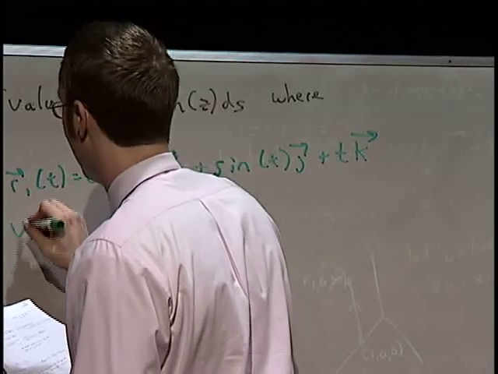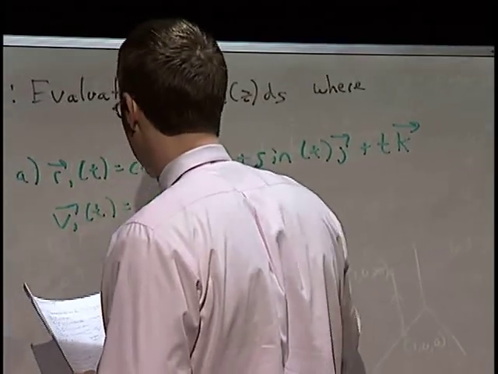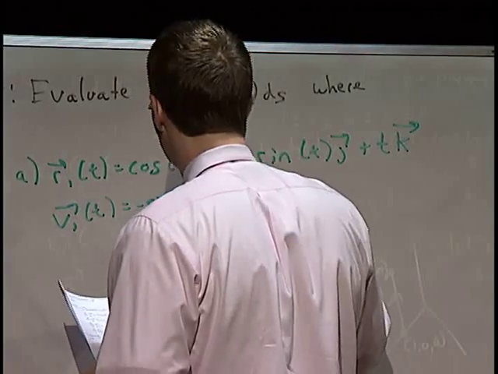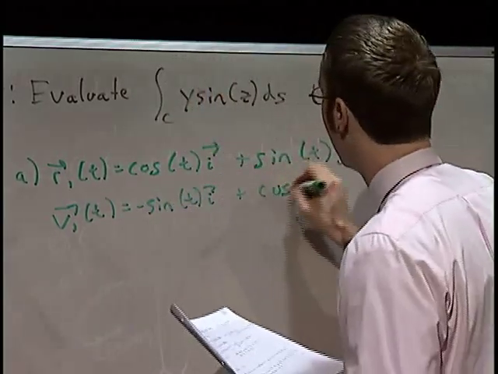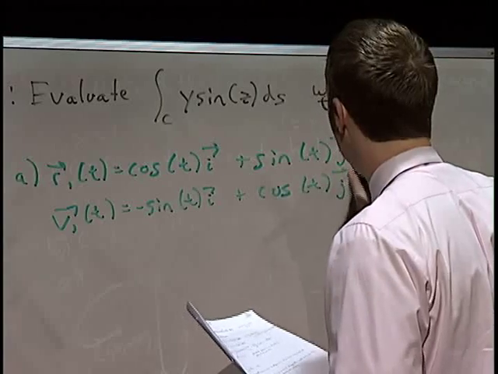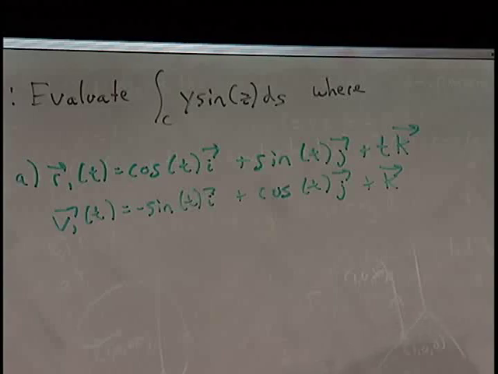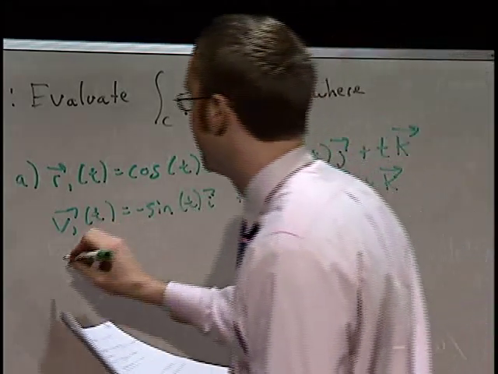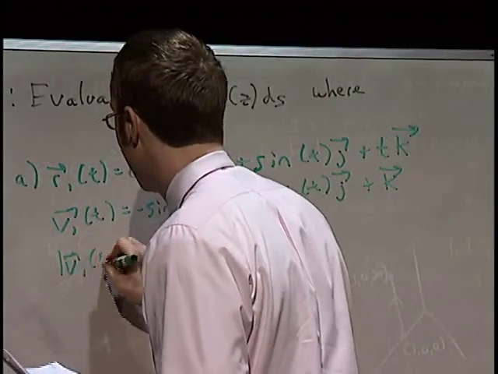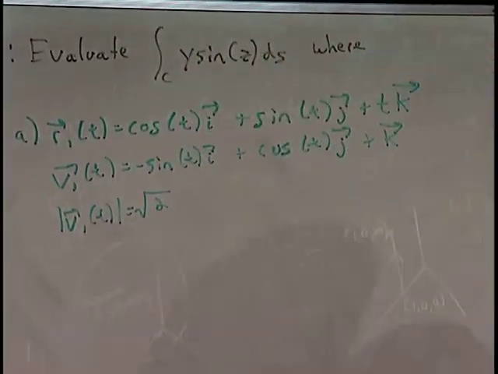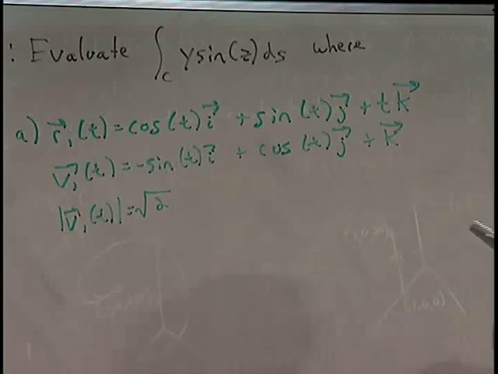And that means that the velocity vector here is going to be negative sine t plus cosine t plus just k. Okay, so there's the velocity vector. And so the length of that guy is going to be root 2.